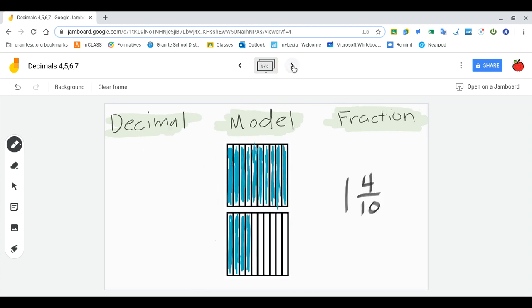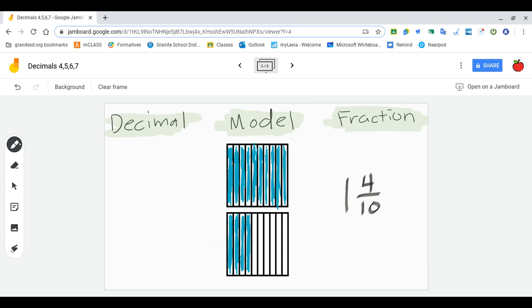Let's jump into mixed numbers. Here I have this entire model filled in, which would be a whole number, and the fraction piece, and together they make the mixed number. So I have one whole number represented here, and then 4 pieces shaded out of the 10, which is my denominator. All together is my mixed number, and I can represent that as a decimal.